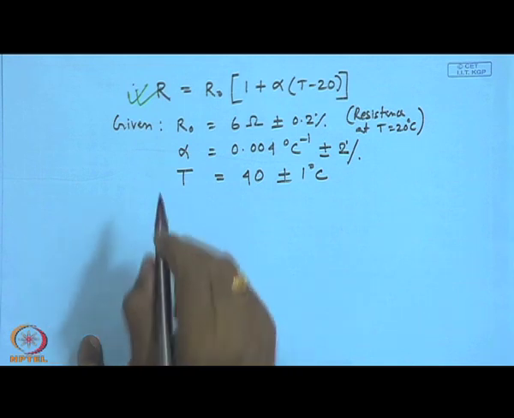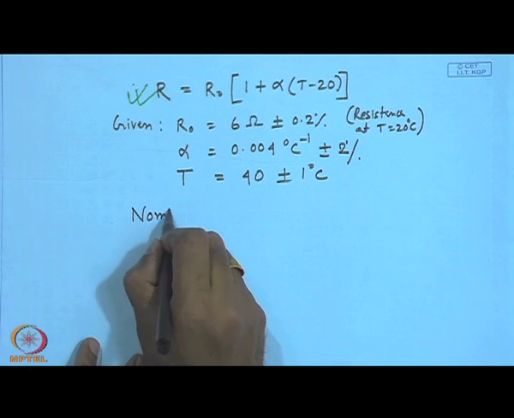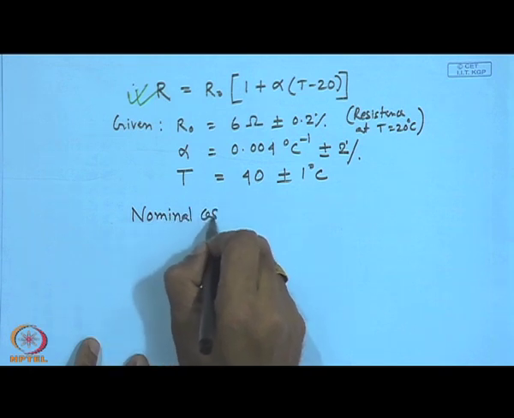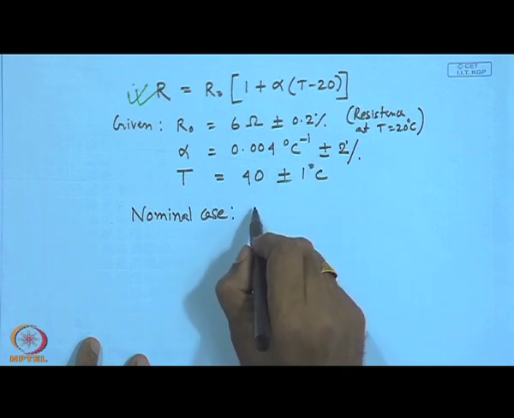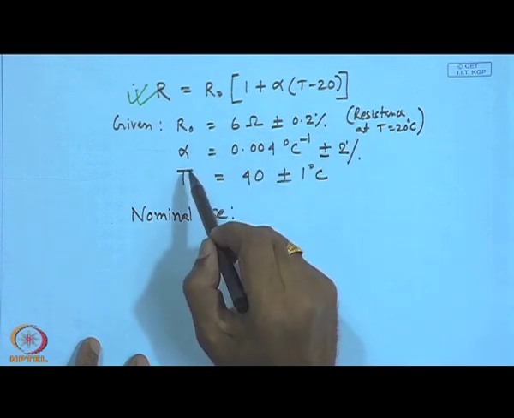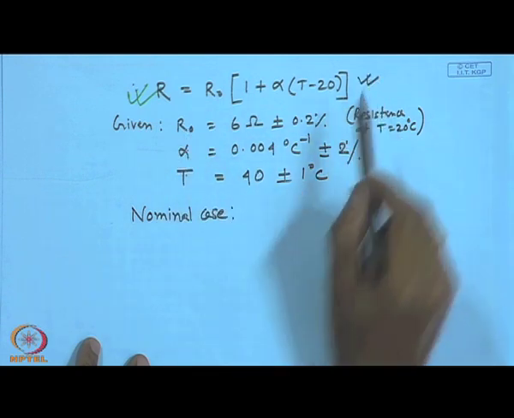What is the value of the resistance in the nominal case? We just have to put values of R0, alpha and T in this equation.